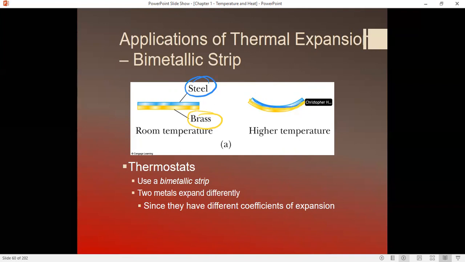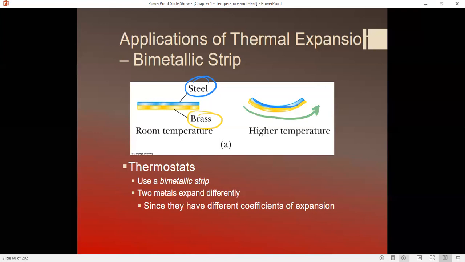Now, the easy something is to stretch the upper surface of it and compress the lower surface. Well, here the brass is expanding more than the steel is. So what happens as a result is we get an overall curvature right here. And this curvature is going to go in the direction of the less expansive material.